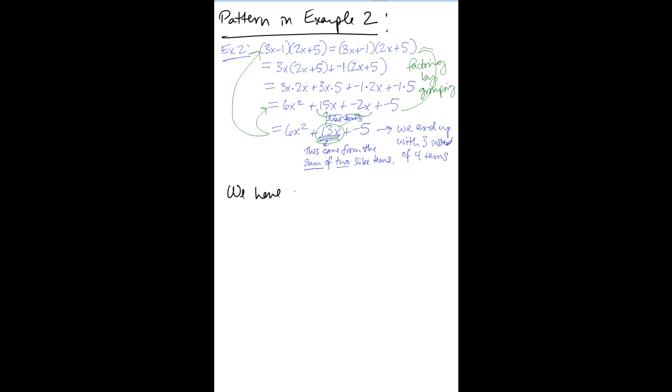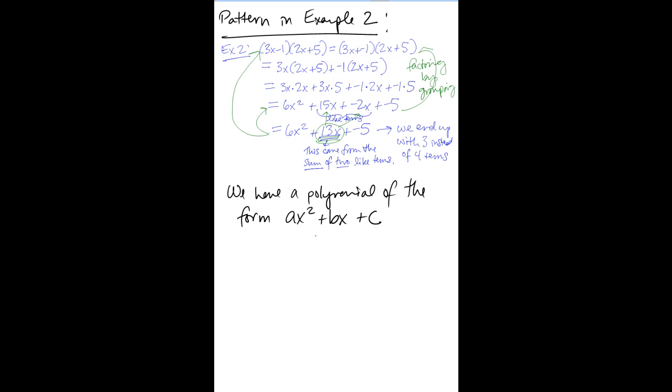We have a polynomial of the form ax squared plus bx plus c. Right? Well, remember, since we're only looking at polynomials over the integers, a, b, and c have to be integers.